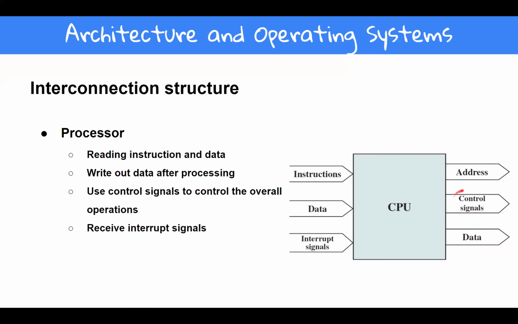Control signals are sent. And also it receives an interrupt signal. Something happens, an emergency comes up, or another program is running, or you're interrupting by pressing some keys. So it should be able to receive interrupt signals. And also we have some instructions.